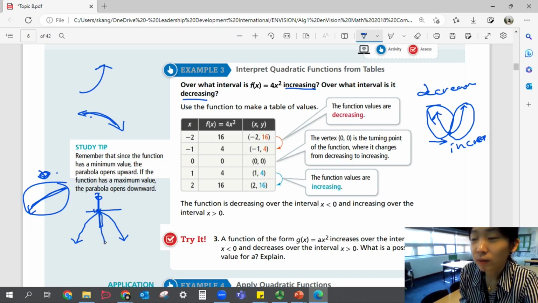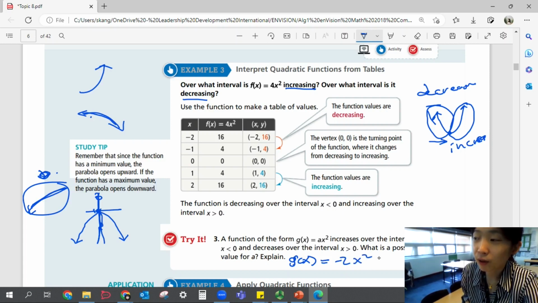So it doesn't have to be a specific function. You just have to have a quadratic function that is opening downwards. So your answers could be anything where a is negative. So for example, if you have g of x is equal to negative 2x squared, then that would be possible.